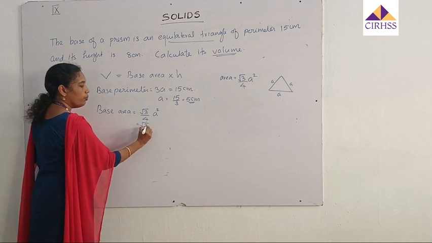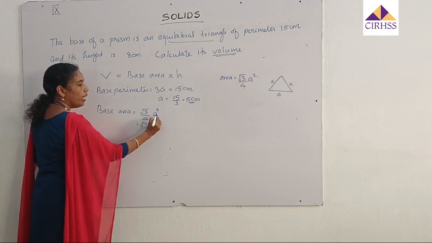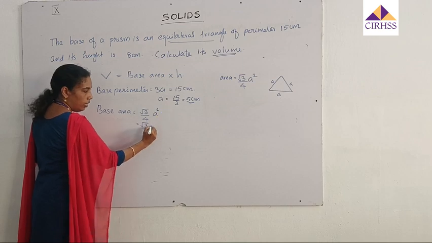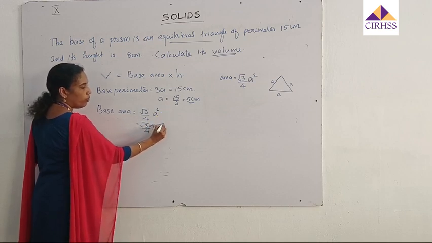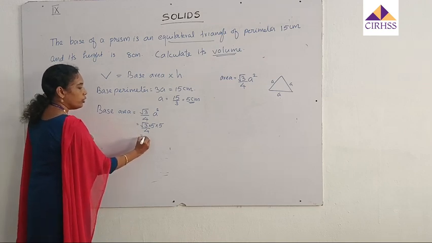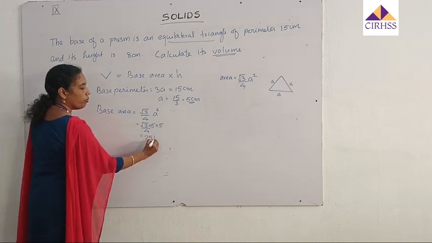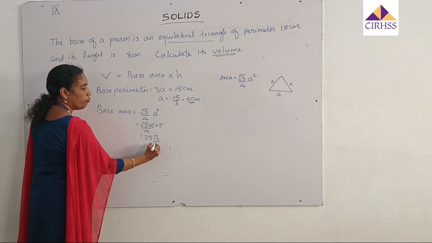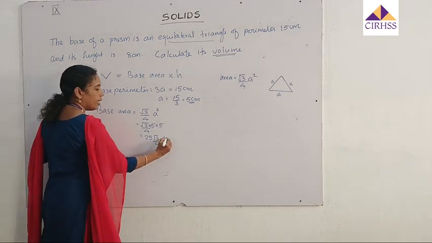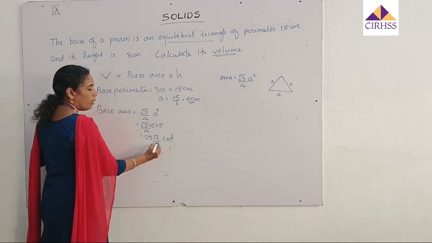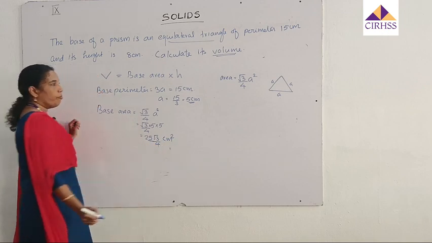That is equal to root 3 by 4, a square is 5 square, that is 5 into 5. That is equal to 25 root 3 by 4. Okay, that is base area.